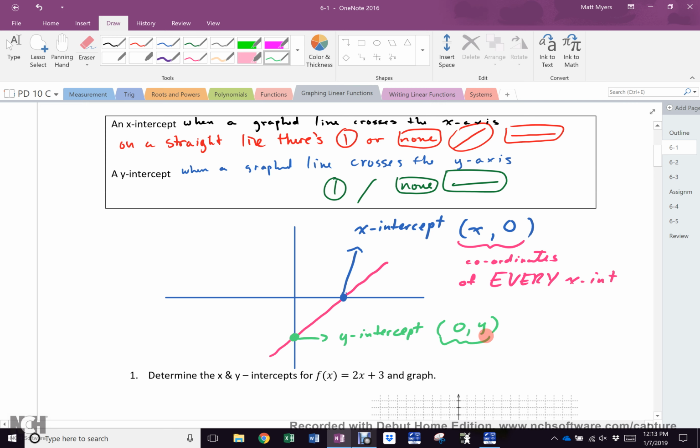And that is the coordinates of every y-intercept. Does everybody understand?